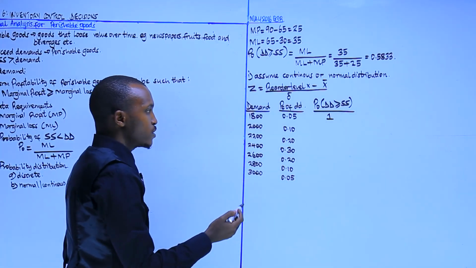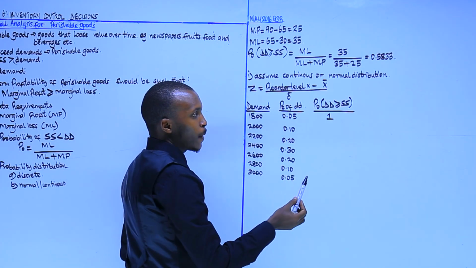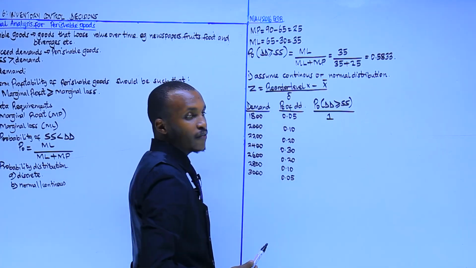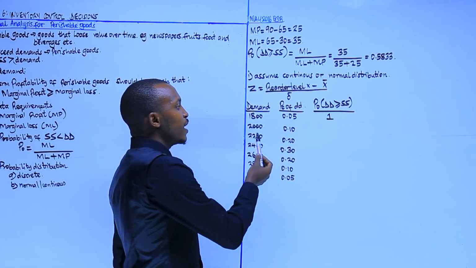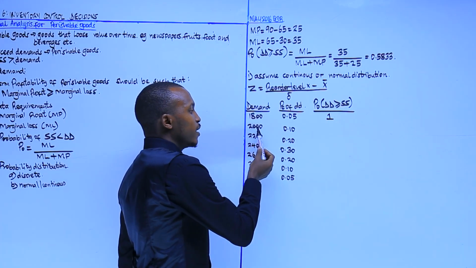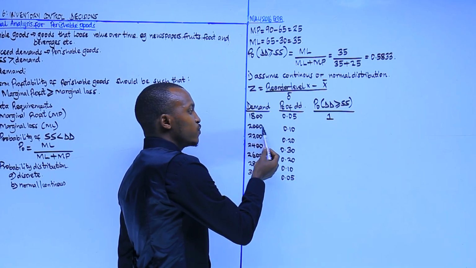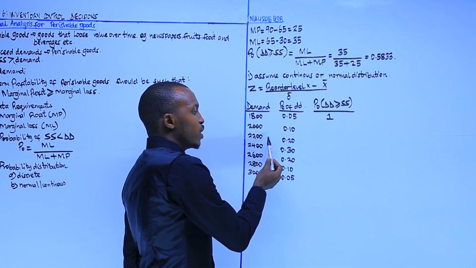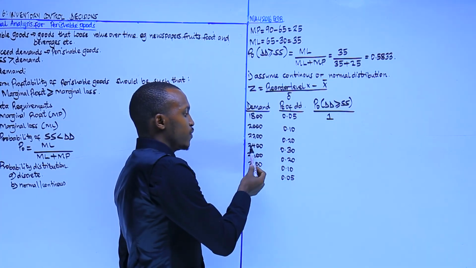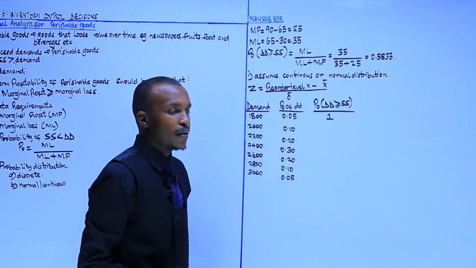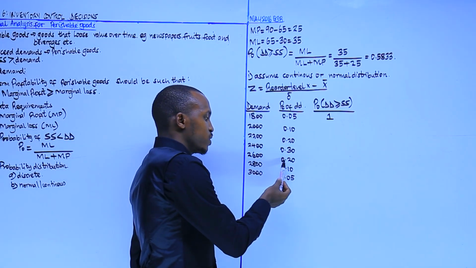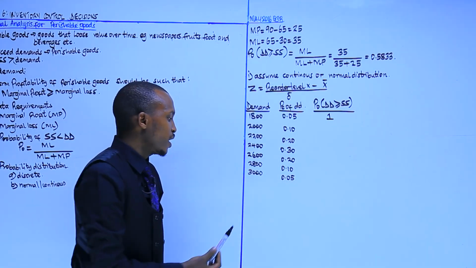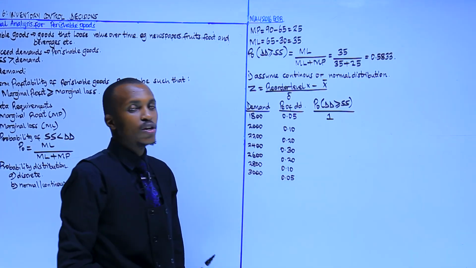Why? Because the probability of demand being equal to 1800 is 0.05. The probability of demand being more than 1800, when you have a demand of 2000, is 0.1. A demand of 2200 is 0.2. A demand of 2400 is 0.3. A demand of 2600 is 0.2. A demand of 2800 is 0.1. And a demand of 3000 is 0.05.